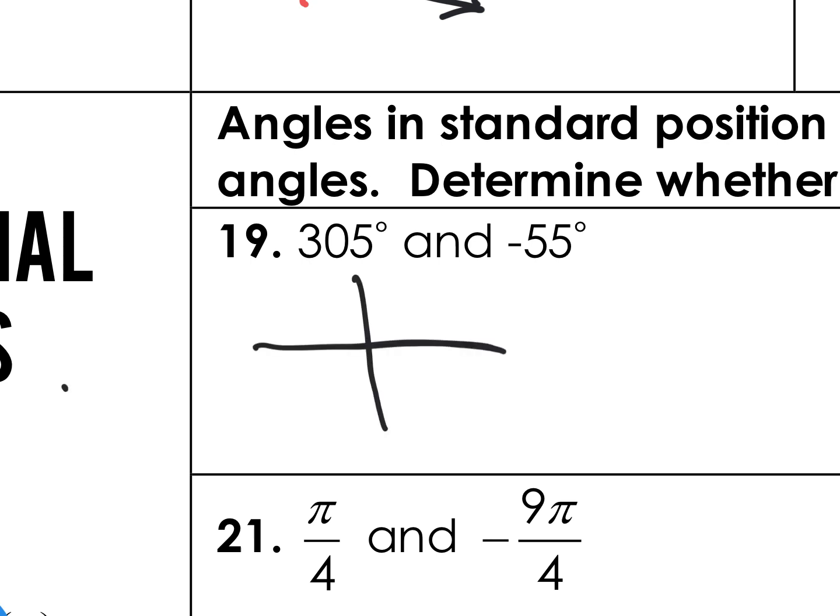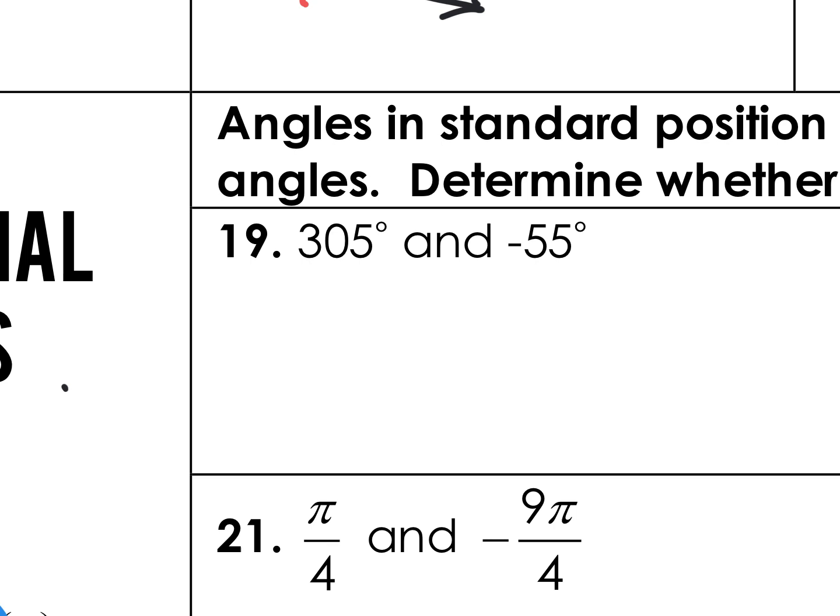So let's try it. Here's my initial side, opening up 90 degrees. Another 90 makes it 180. Another 90 makes it 270. Another 90 would take me to 360. That's too far. I only want 305. So let me back up.